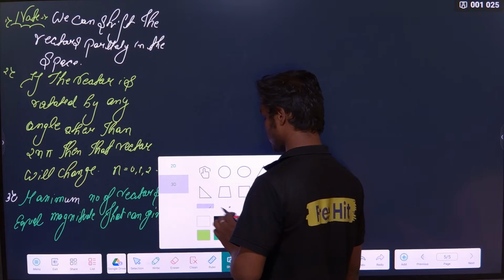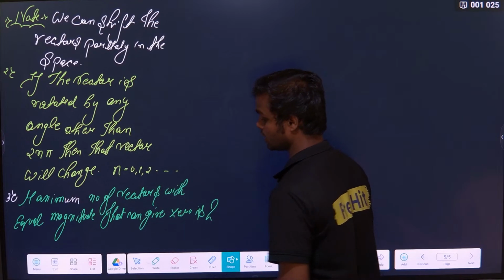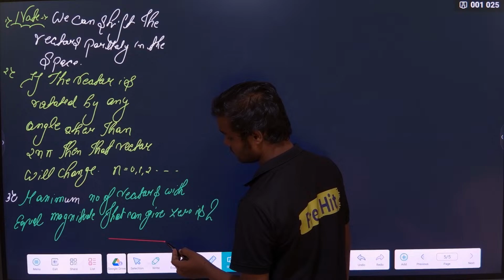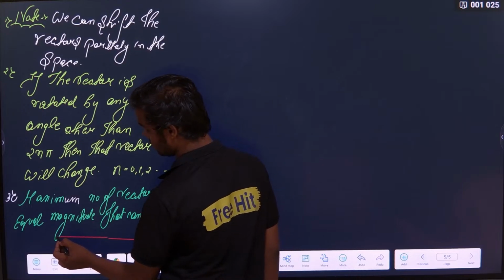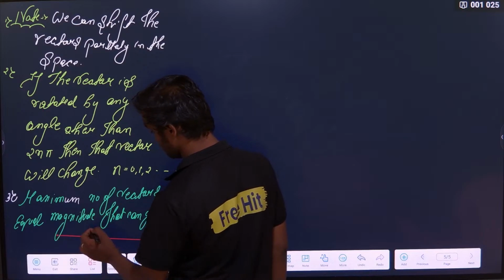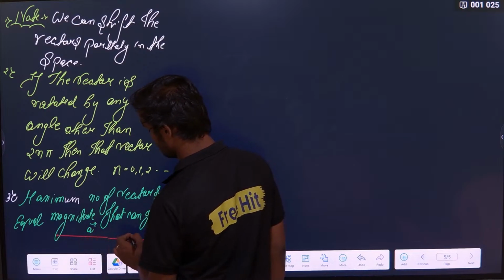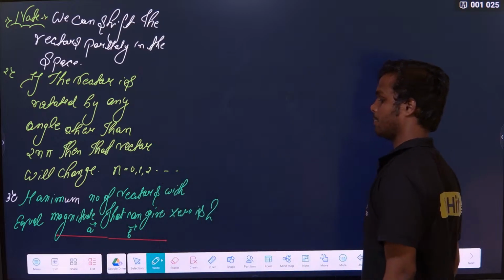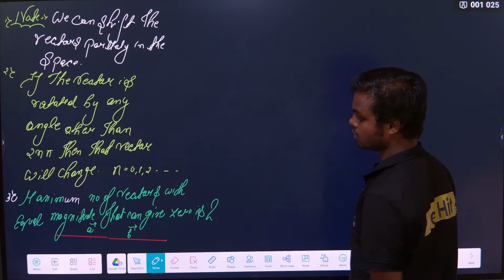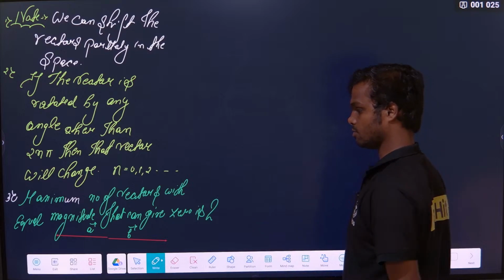Means only a maximum of 2 vectors having equal magnitude can give 0. How? Like this. If they are in opposite direction and equal magnitude, they will automatically make it 0. This is vector A, this is vector B. Correct? So they are of equal magnitude but opposite direction, so they will automatically give 0. Clear?